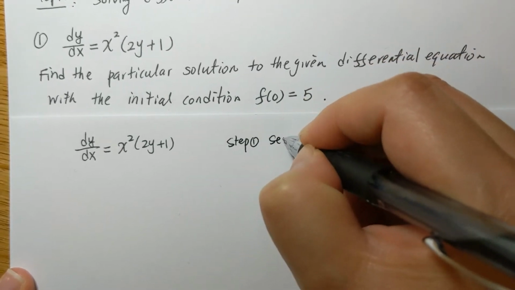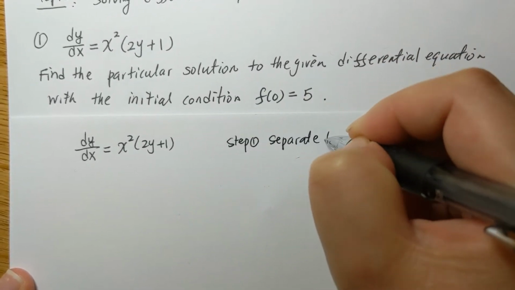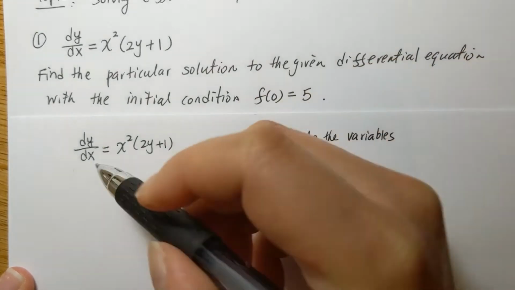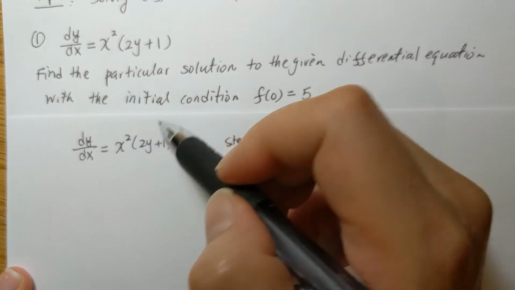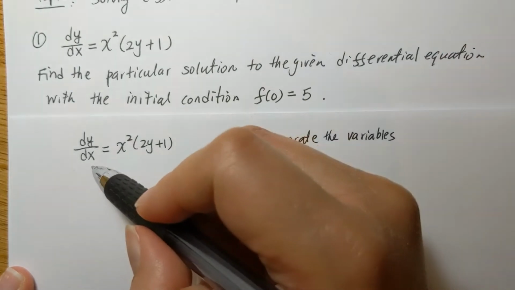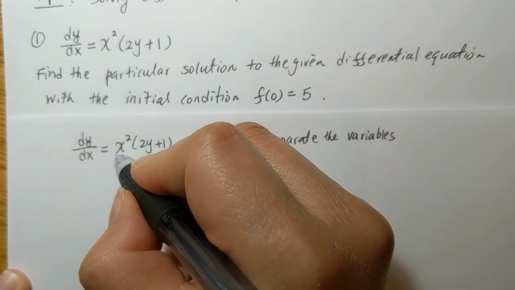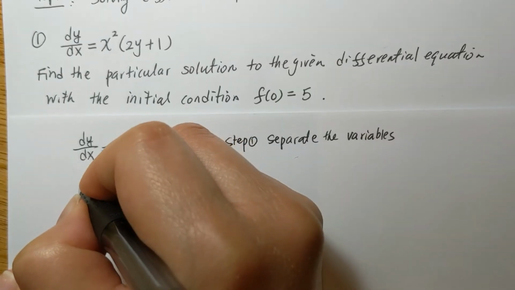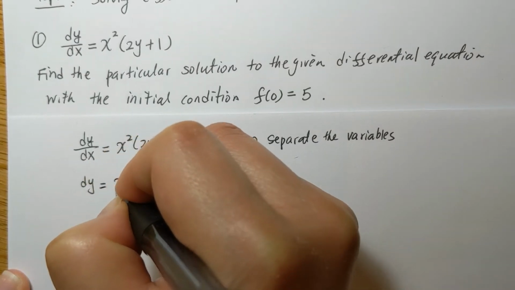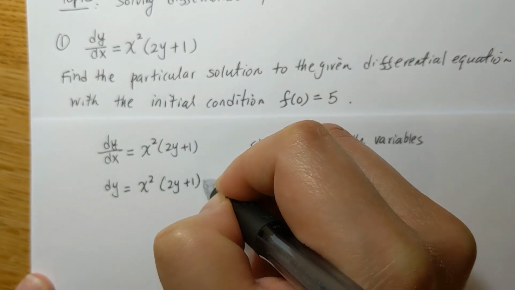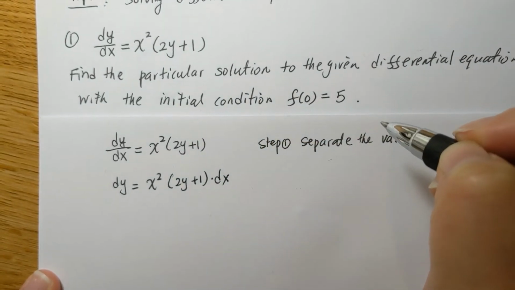we need to separate the variables. In this case, we get two variables, x and y. We're going to put the x on one side and the y on the other side. Imagine you're trying to cross multiply, so you're going to get dy equal to x squared times 2y plus 1 times dx.